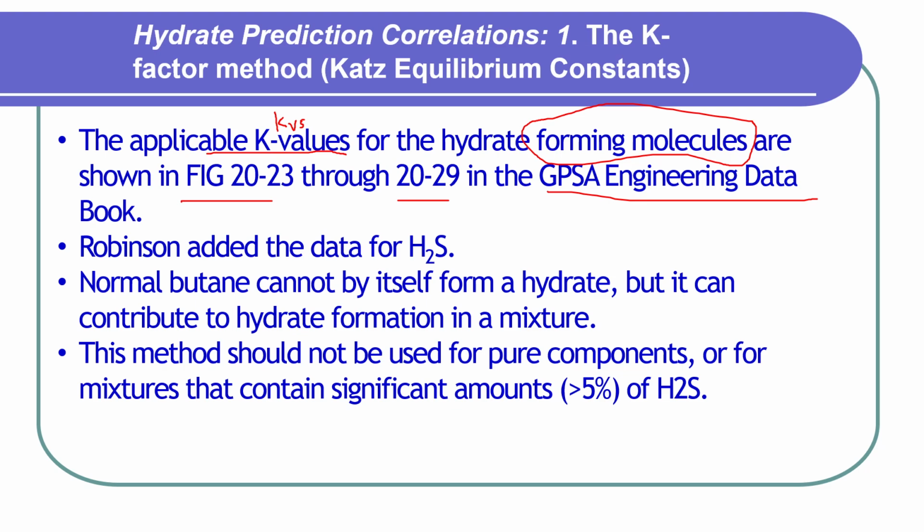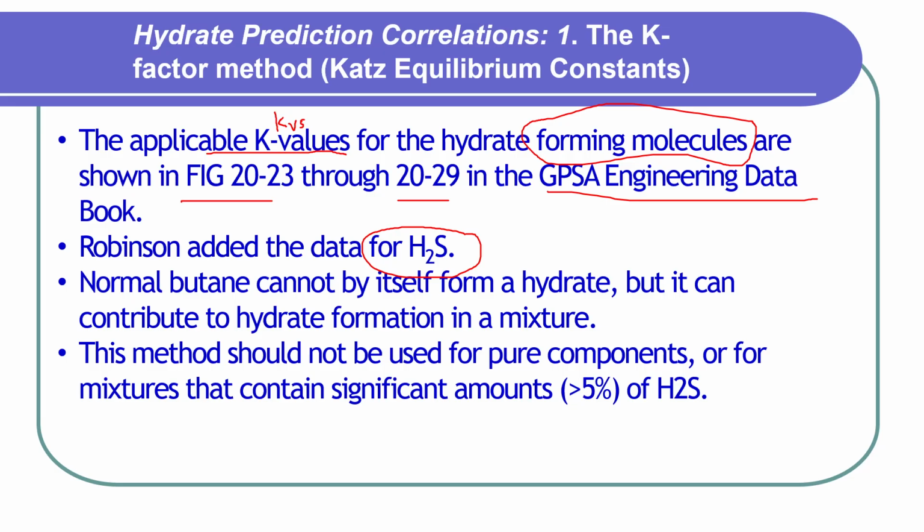In the next slide, I'm going to present an example of this chart, the Katz equilibrium chart, showing how you can obtain the K value from the chart for methane specifically. Robinson also added to this method, where you can find, for example, the K values for H2S on a separate chart as well. As we agreed earlier, normal butane normally will not form hydrate by itself, but it will contribute to the formation of the hydrate.